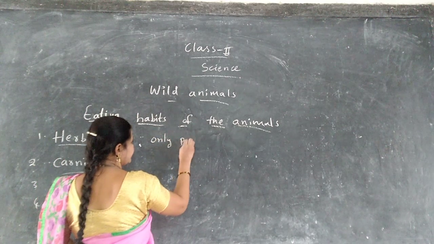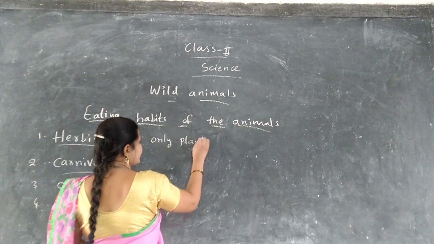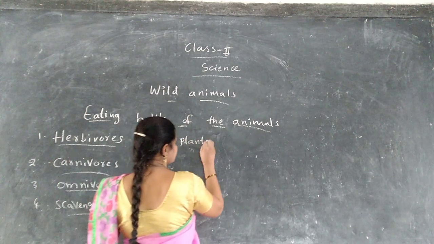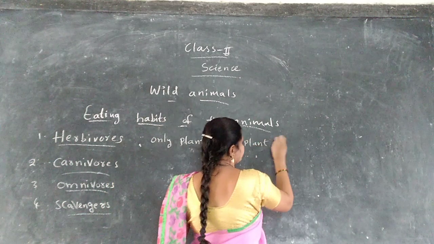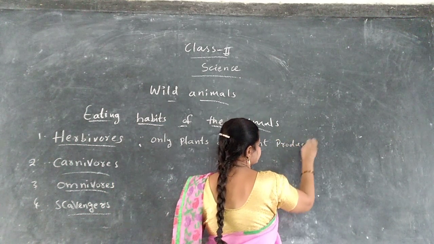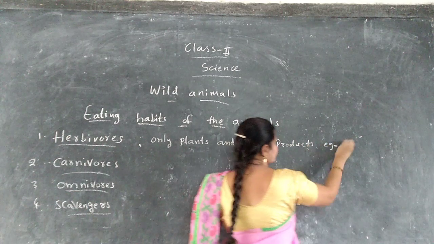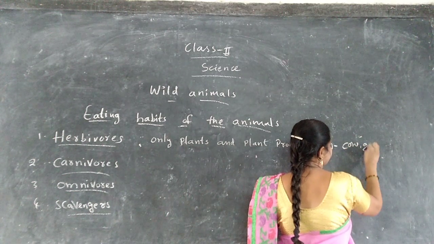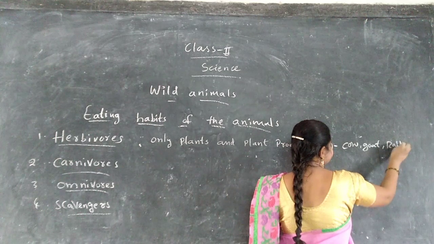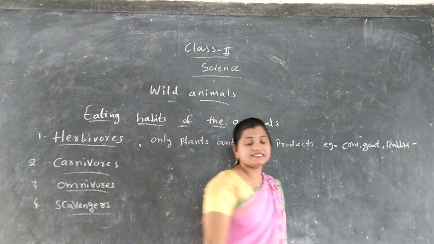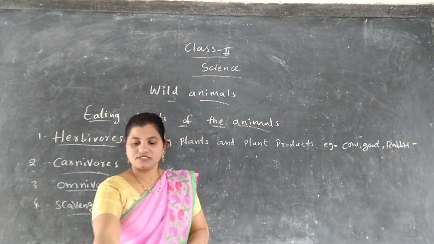They eat only plants and plant products. For example, cow, goat, rabbit, etc. Okay children, this is about herbivores.